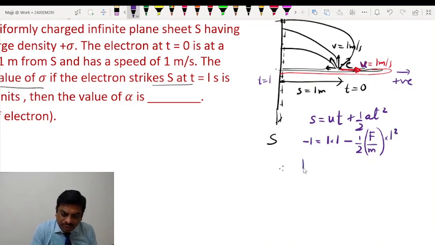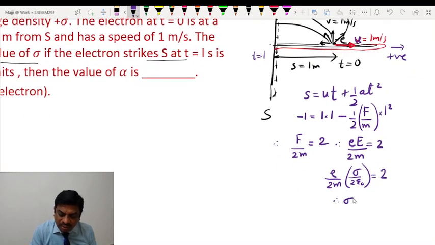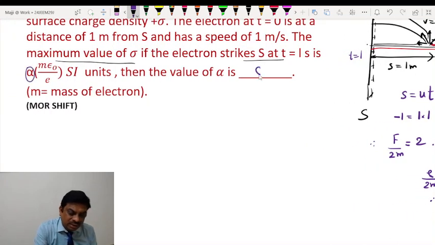Therefore force upon 2m is equal to 2. Now force is electronic charge into electric field. Electric field due to a sheet of charge, as you know, is sigma by 2 epsilon 0. Therefore the maximum value of sigma will be 8 m epsilon 0 by E. So alpha is 8.